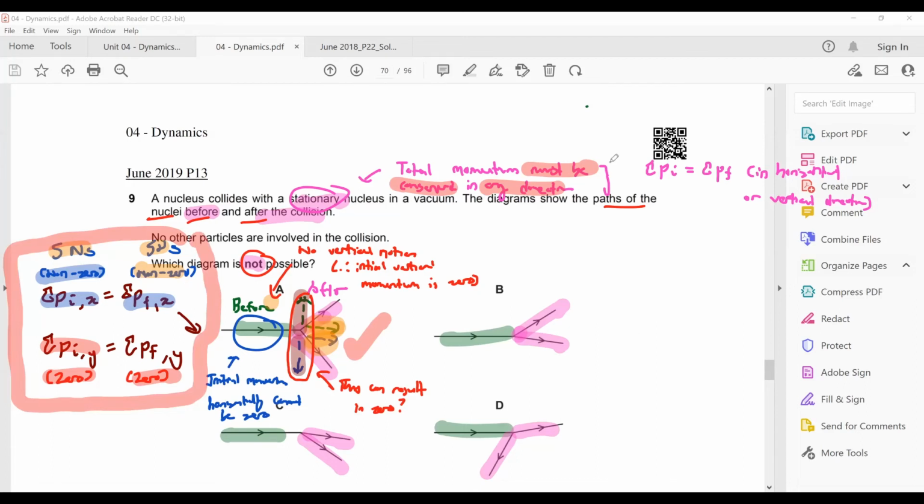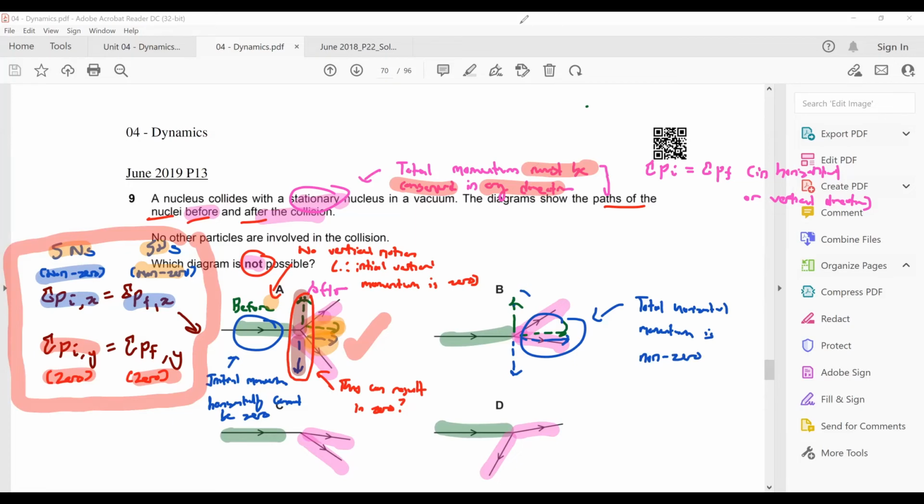If I try to apply the same analysis for the subsequent diagrams, say for this one, for part B, I draw back again the arrow. I'm just going to skip some steps. This one is like this. This one is like this. So what I do see here is that total horizontal momentum is non-zero.